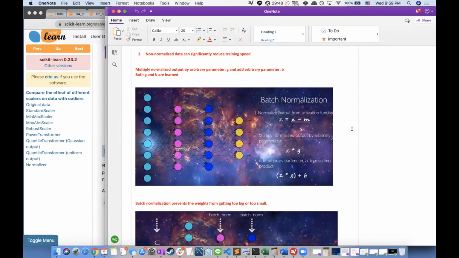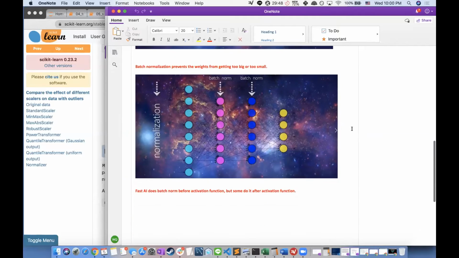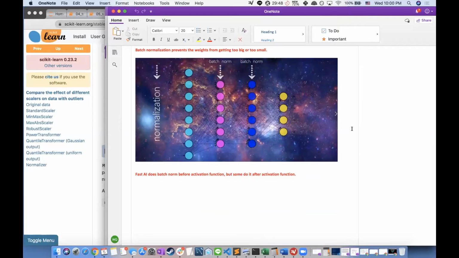Are they different for every batch, or are they the same for the entire data set? I'm not 100% sure, but I'm guessing they're different. Does anyone know the answer? Oh, okay, I actually made a note.